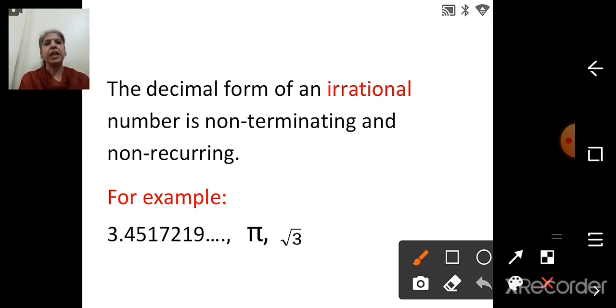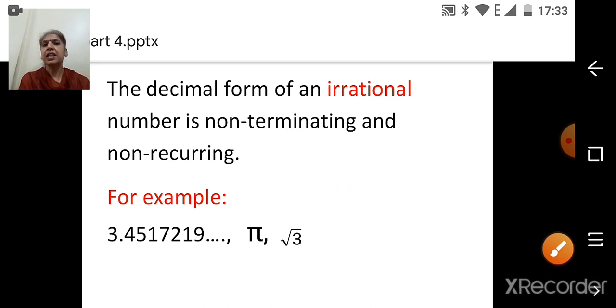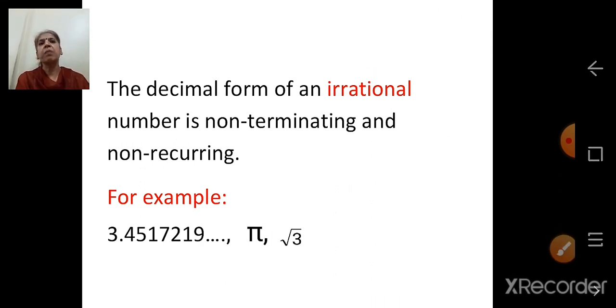Even root 3 is an irrational number. So root 2, root 3 are irrational numbers. Now what about root 4? When we say root 4, you can solve it. The square root of 4 is 2, and 2 is a rational number. So root 4 is a rational number, because 4 is a perfect square.